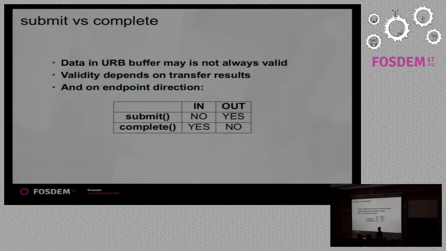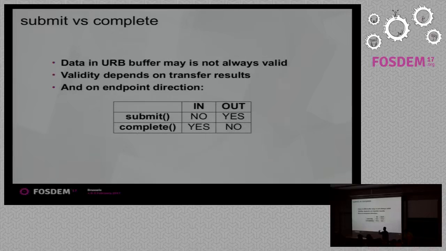Okay, where should you look for the data? If you would like to see what your driver is sending, you should not look in the completion. Why? When you open your logs from the USB monitor, you will usually see two kinds of information: the information about URB submit and URB complete.